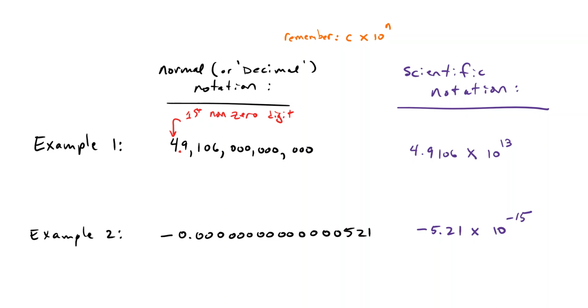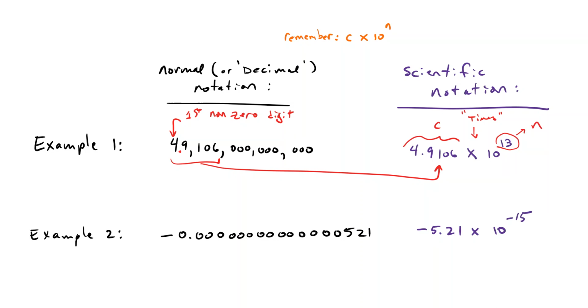And off we go. So this part right there is your value for c. And we have the multiplication here, the times, and then we have 10 to a power. And that power, that's our n.